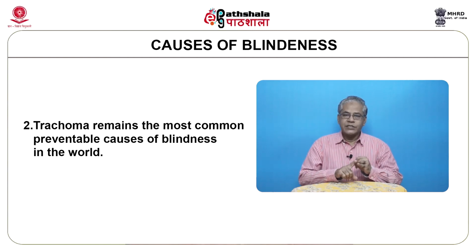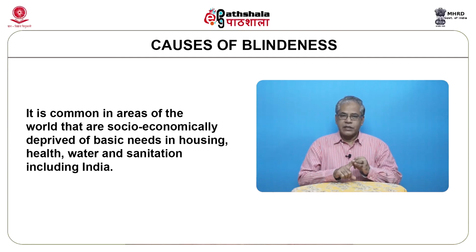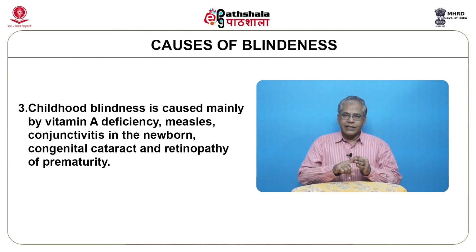Trachoma remains the most common preventable cause of blindness in the world. It is common in areas of the world that are socio-economically deprived of basic needs in housing, health, water and sanitation, including India. 3. Childhood blindness is caused mainly by vitamin A deficiency, measles, conjunctivitis in the newborn, congenital cataract and retinopathy of prematurity.